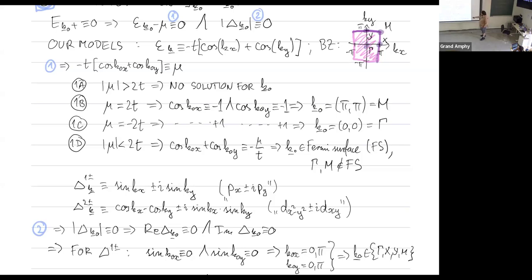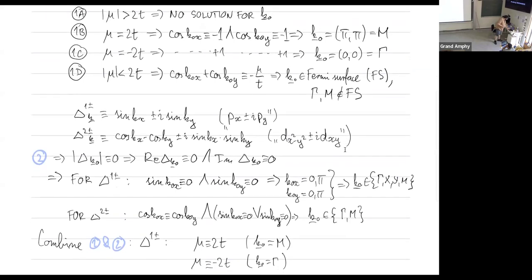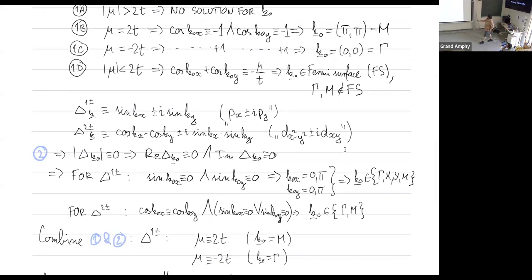Okay, so that's easy. And then for the pairing, now it's different for the p wave and the d wave, because the p wave is odd in k. So it will go to 0 at all the momenta which are even in k. So any momentum and minus momentum is the same. That's a time reversal invariant momentum, if that's the case.